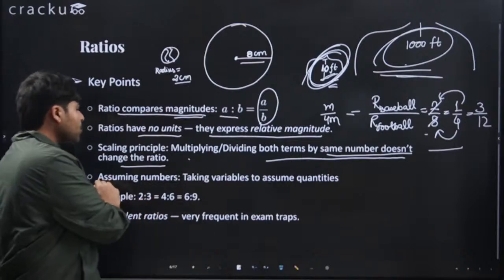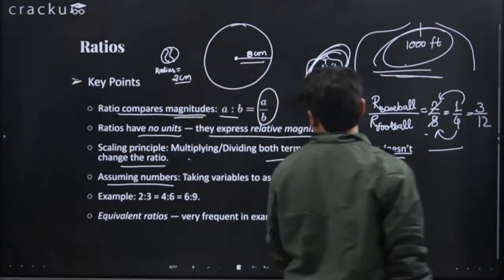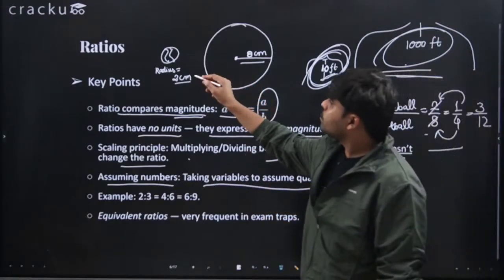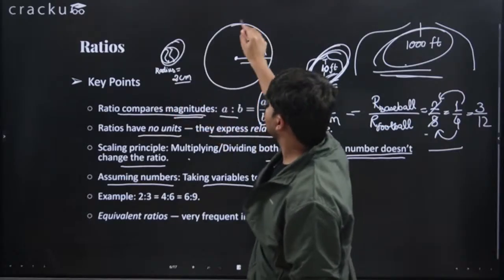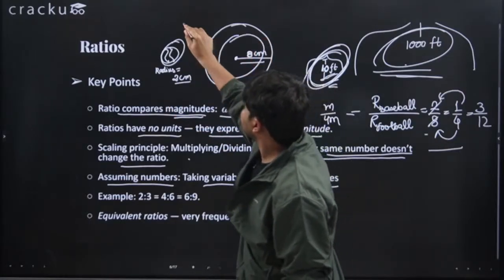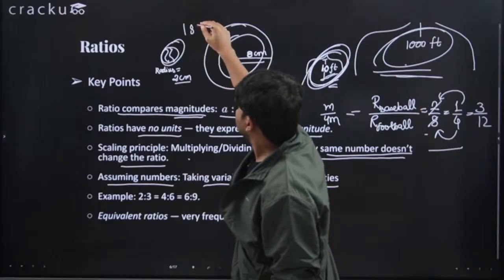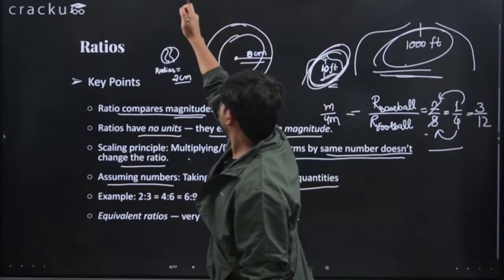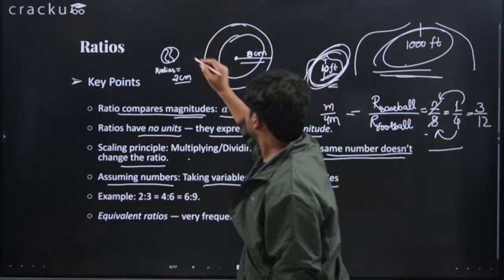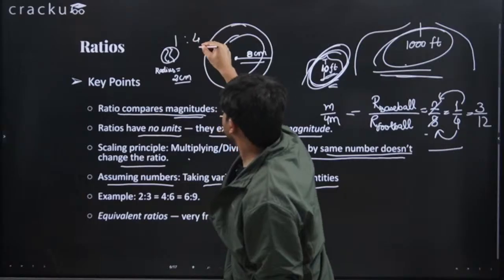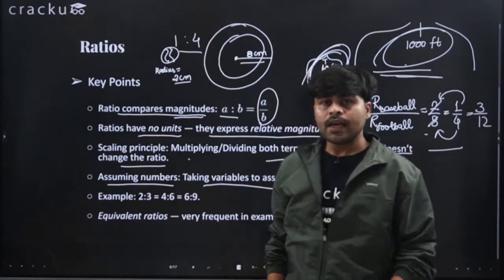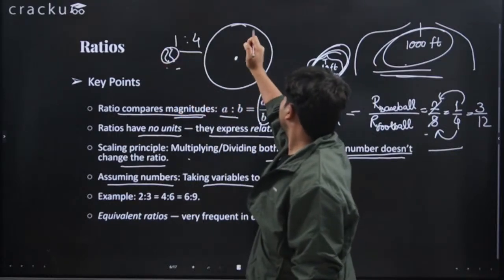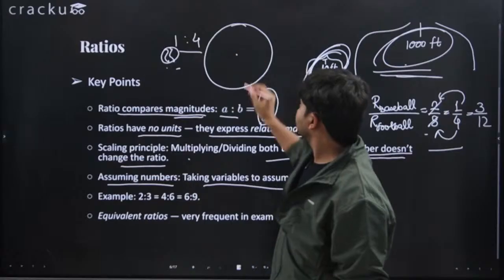Then, assuming numbers: taking variables to assume quantities. So again, if I say that the radius of this and the radius of this are in the ratio 1:4, and I don't tell you the values, for a minute just assume that I did not give you these values.